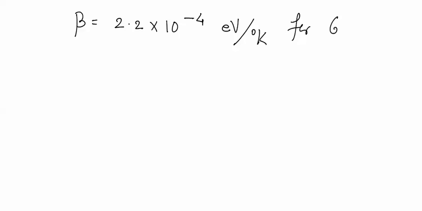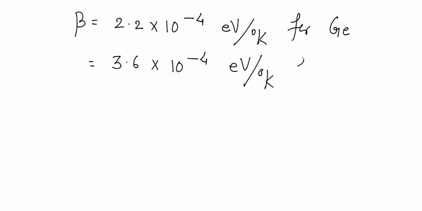The value of beta is around 2.2 into 10 raised to power minus 4 electron volts per degrees Kelvin for germanium, and 3.6 into 10 raised to power minus 4 electron volts per degrees Kelvin for silicon.